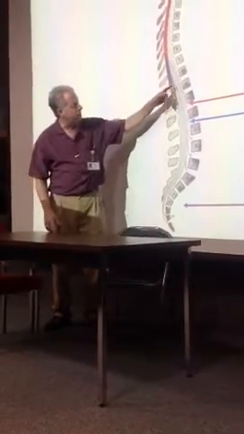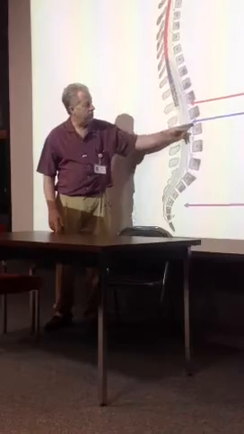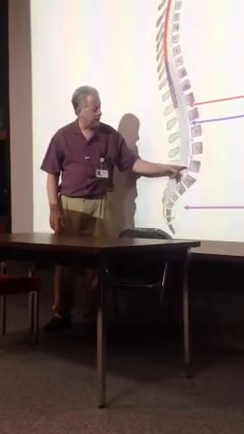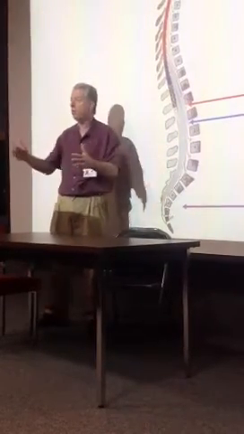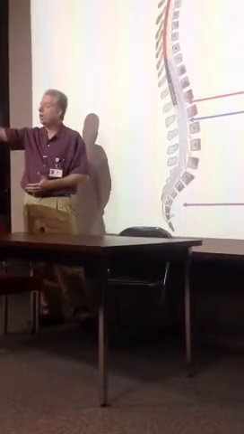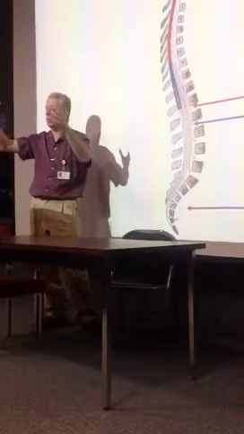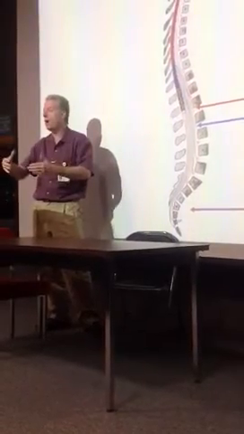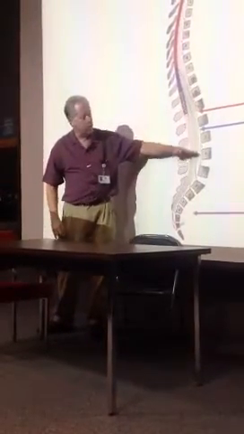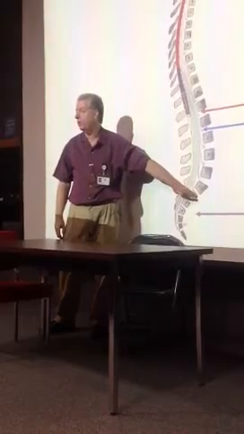But understand, I still have L1, L2, L3, L4, L5, S1 and down spinal nerves being formed. That's what all that cauda equina is. It's all the rest of the rootlets coming off that go down and form the spinal nerves at all the different levels below the spinal cord level.